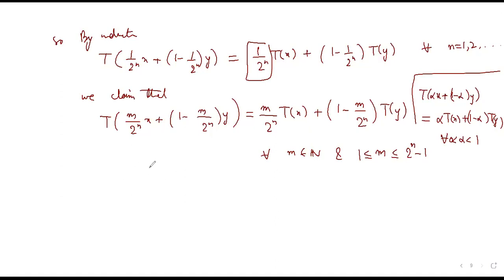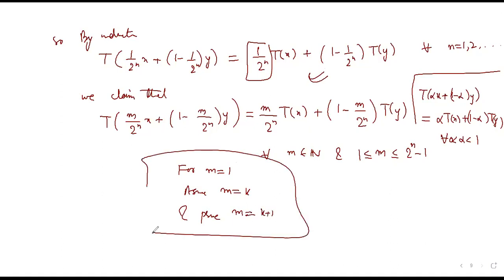For m equal to 1 it is obviously true because we have already proved it. Assume it for m equal to k and prove it for m equal to k + 1. You will do this.